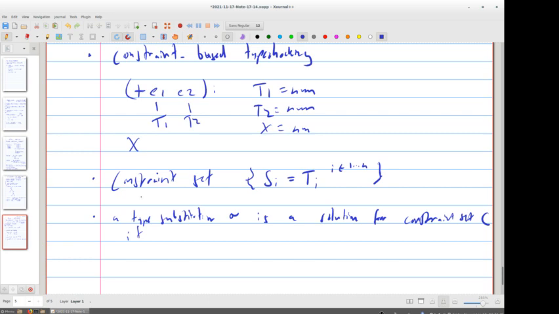Something like: if sigma S_i and sigma T_i are identical for all i, where each one of these is drawn from the constraint set. And we could also call this a solution or a unifier. So sigma is a unifier for C.